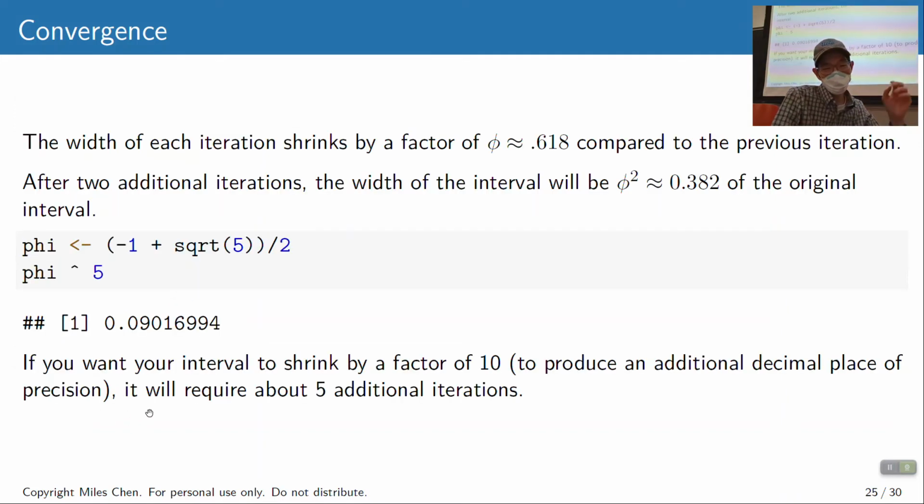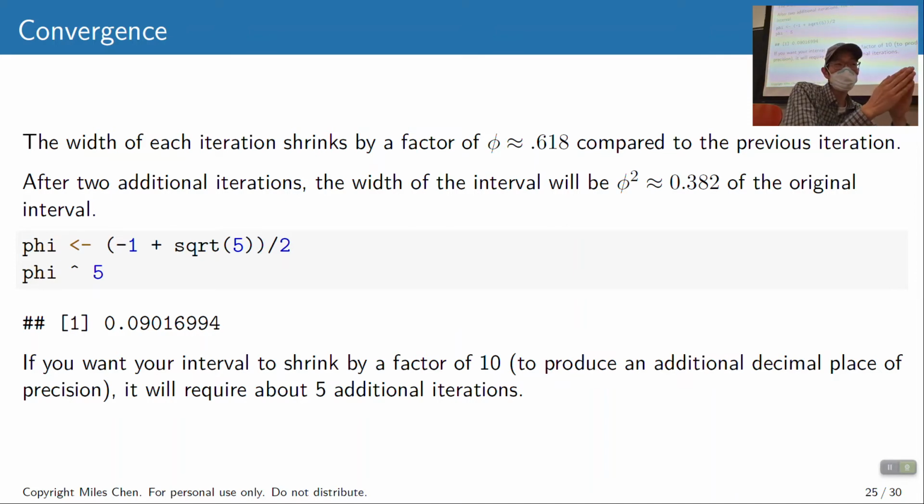Okay, and the reason for that is if you look at the golden ratio being around 62%, every iteration the interval shrinks, and the next interval is 62% of the size of the previous interval. Okay, and so if you do 62% raised to the 5th power, that's around 9%. Okay, 0.618 raised to the 5th power is around 9%, and so if you run 5 more iterations, the resulting interval will be around 1/9, a little bit less than 1/10.